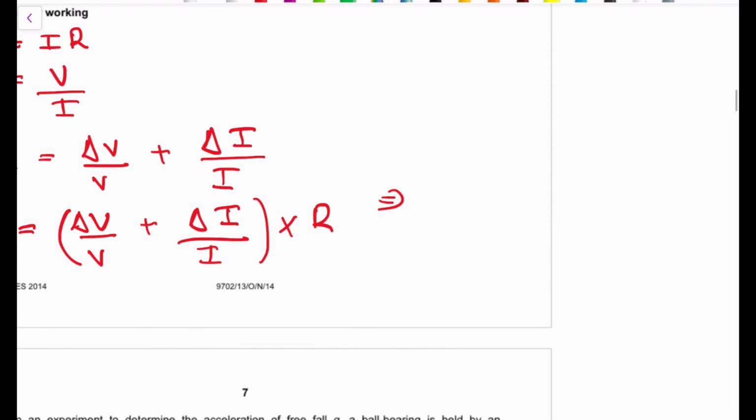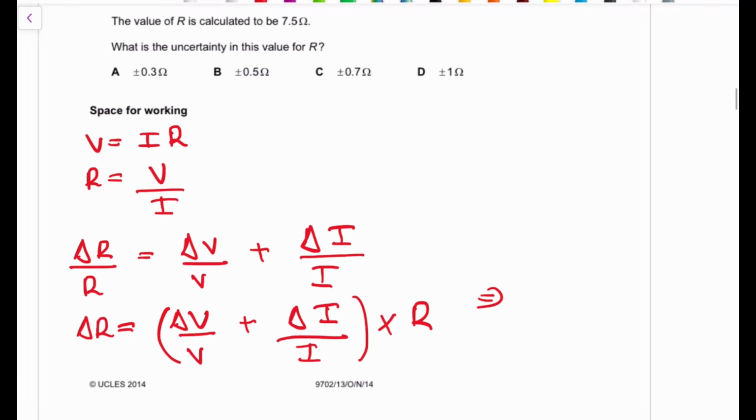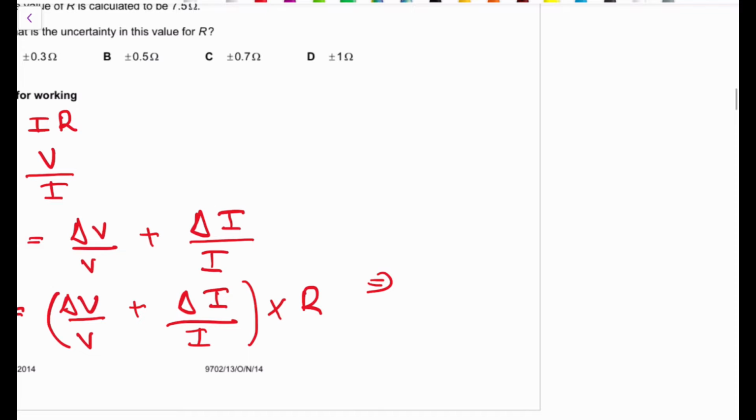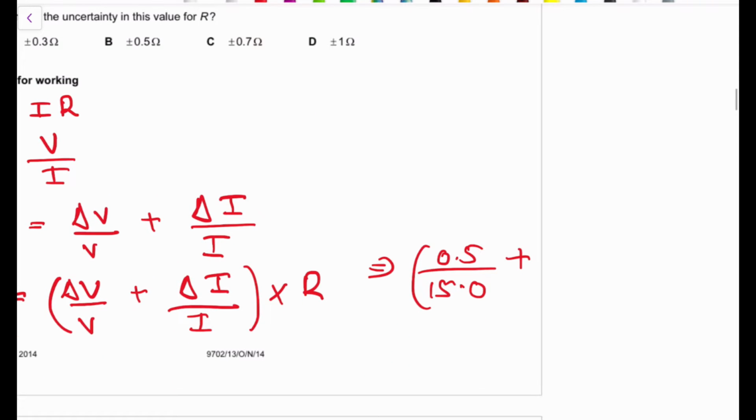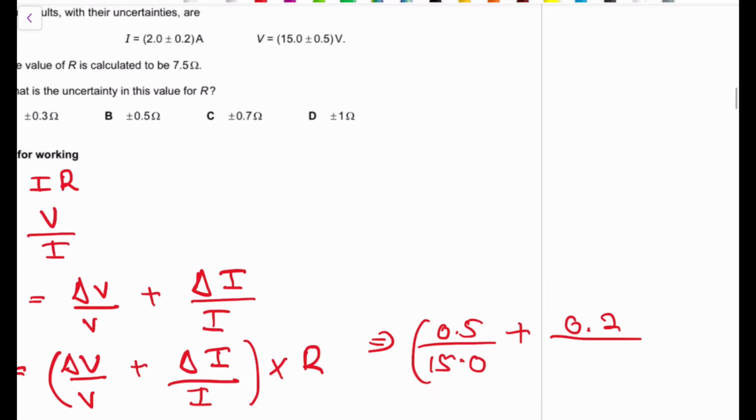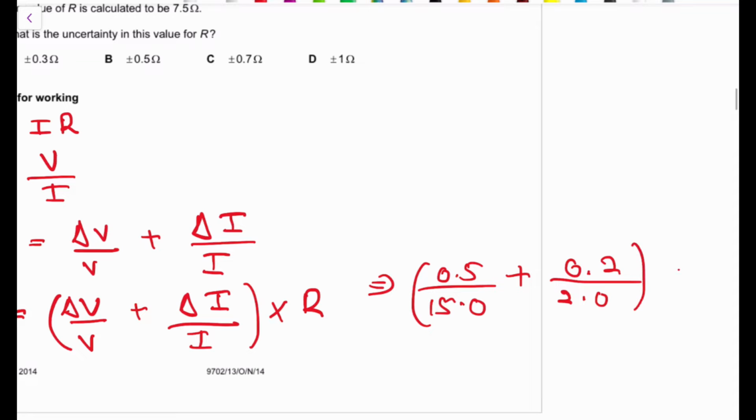So what does this tell me? If I have delta V, the uncertainty in the voltage, which is 0.5, I should have 0.5 divided by 15.0 plus, in I, 0.2 divided by 2.0.